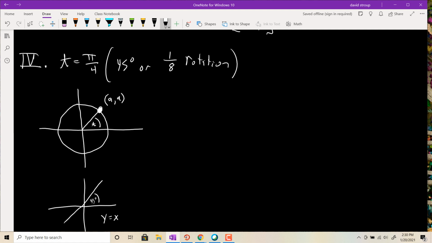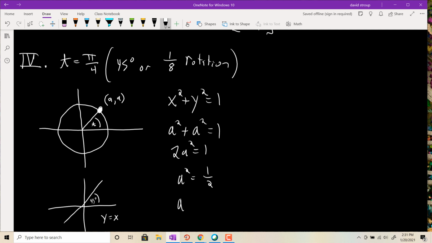Okay, so anyways, taking that a comma a, we could plug it into our formula for the unit circle, x squared plus y squared equals 1. So I could plug a in for x, I get a squared, plug a in for y, a squared, and then you could solve for a. So here's 2a squared equals 1, divide both sides by 2, and then a will be square root of 1/2, which you can rewrite as square root of 1, which is 1, over the square root of 2, which of course you can rationalize the denominator by multiplying top and bottom by root 2.